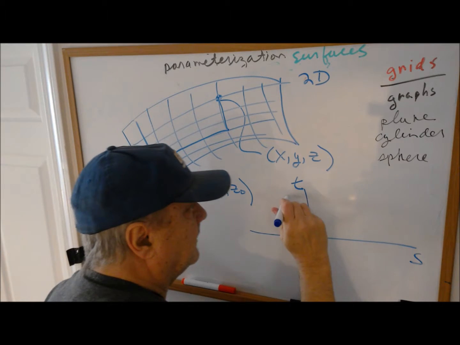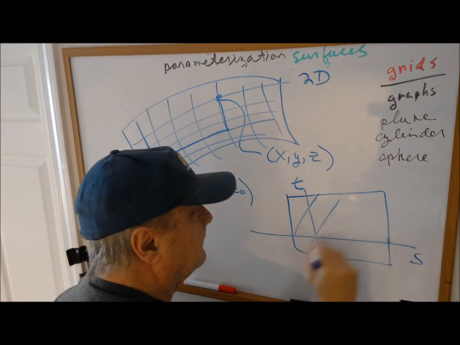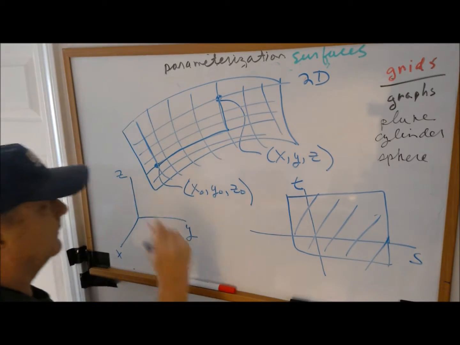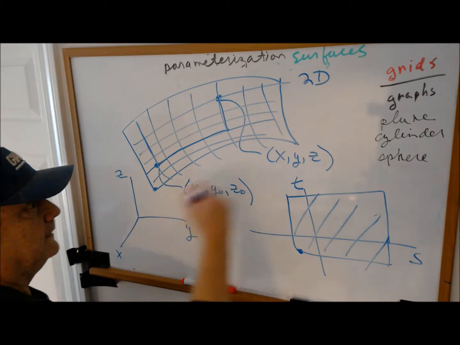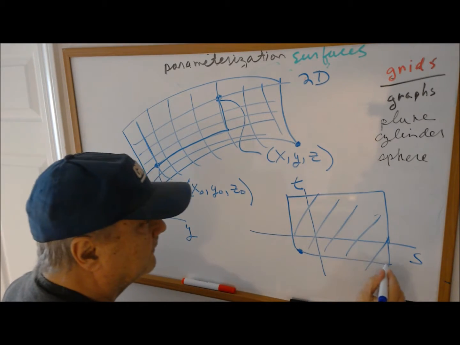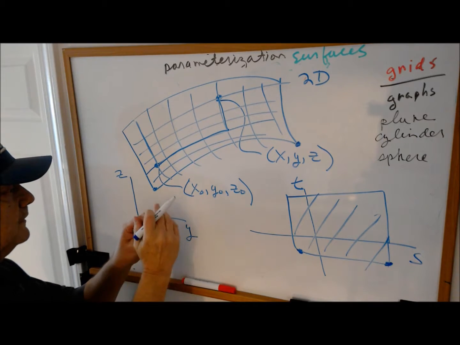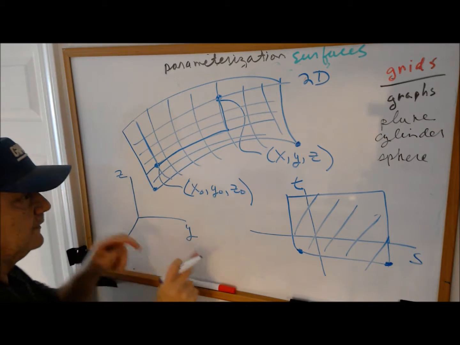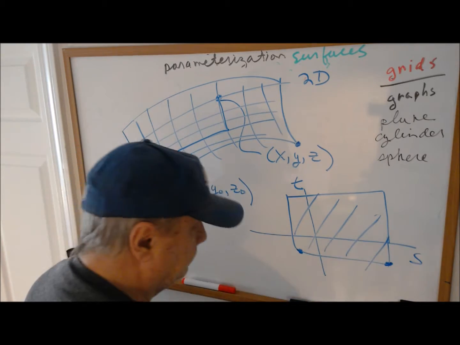So this plane might be something like that. So this point here might map to this point, and this point here might map to this one, and so forth. Okay, so we're going from 3 variables to 2 variables, and we call these variables parameters.